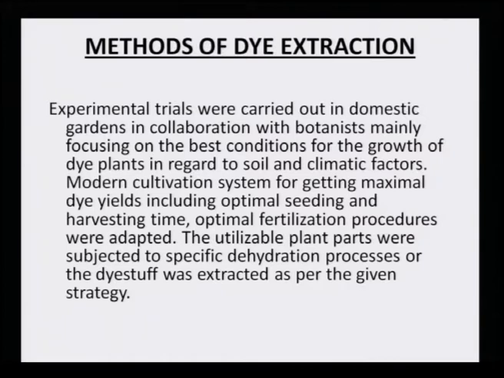Modern cultivation systems for getting maximum dye yield, including optimal seeding and harvesting time and optimal fertilization procedures, were adopted. The utilizable plant parts were subjected to specific dehydration processes, or the dye stuff was extracted as per the given strategy. So, how did it happen?